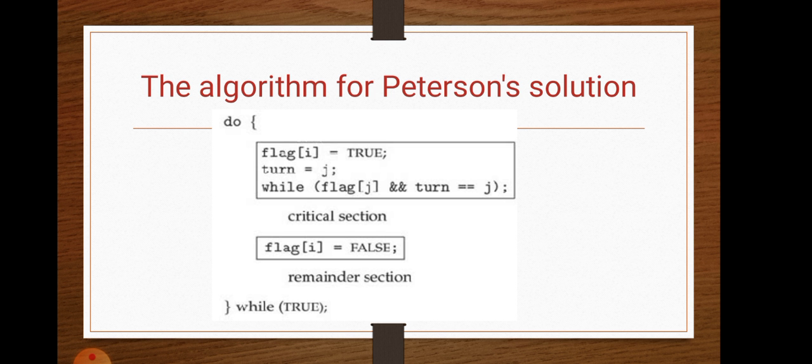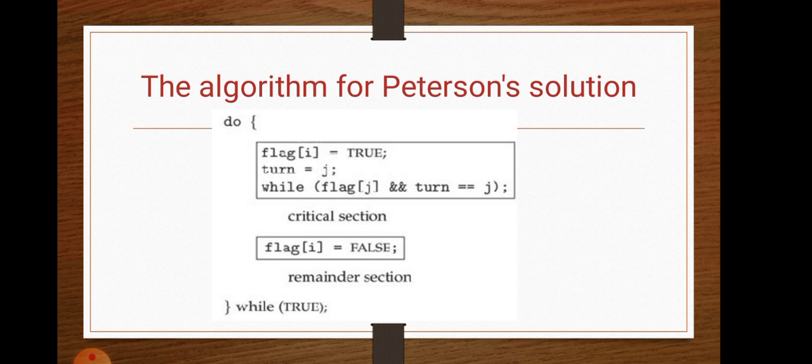As you can see here, the variables I mentioned are used here. Flag i is equal to true. Now what is i here? As I told you, flag is an array of type boolean, so the value here will be 0 or 1.